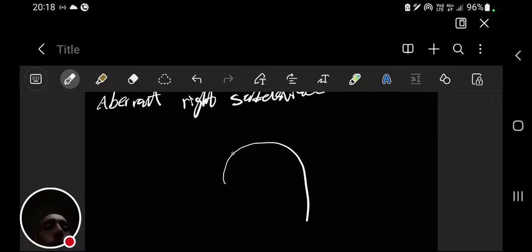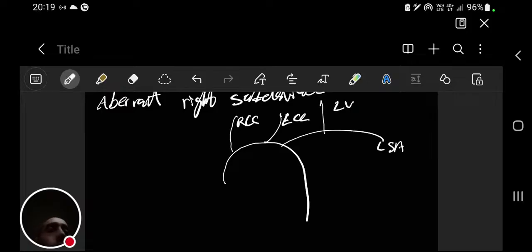We have the right common carotid coming straight from the arch of the aorta, and the left common carotid coming straight from the arch of the aorta, which is usually the case. We have the left subclavian artery coming from the arch of the aorta, totally normal, and the left vertebral artery coming from the left subclavian artery, totally normal.